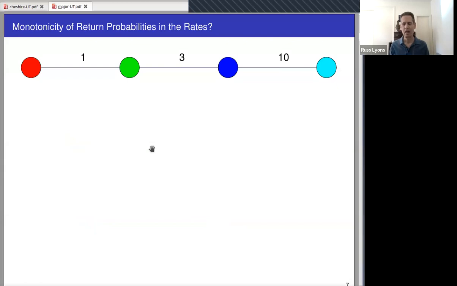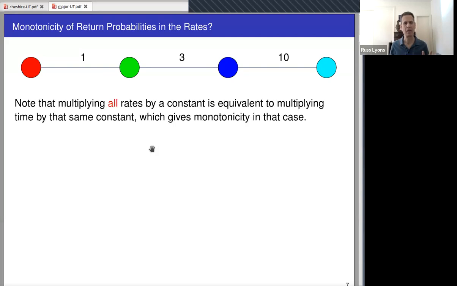Now, as I said, this talk is really going to be about monotonicity in the rates rather than in time. If we change some of these rates, what will that do to return probabilities? Now, one case is simple. Suppose we multiply all rates by the same constant factor.